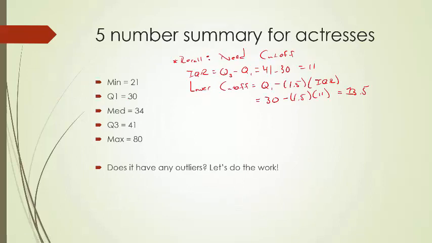So let's find the upper cutoff. So this is Q3 plus 1.5 times your IQR. Well, this is 41 plus 1.5 times that IQR of 11.